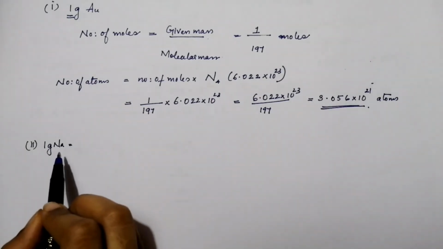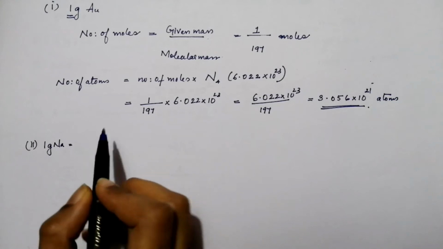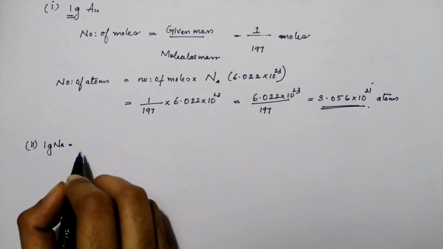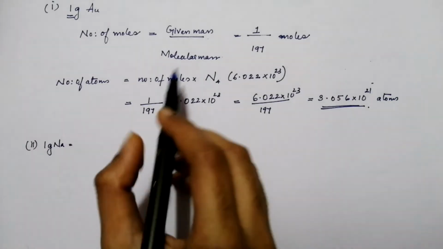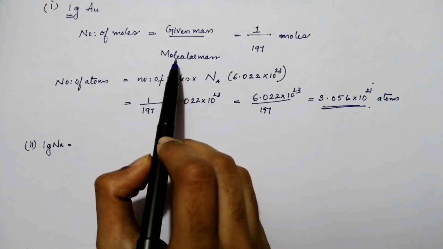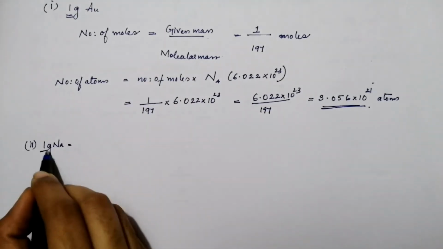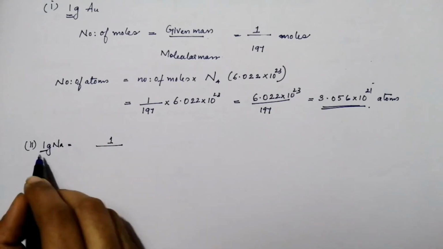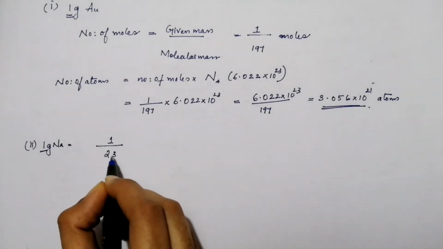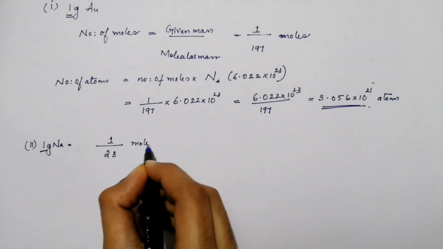Now we have 1 gram of sodium. Similarly, as we have done in the first option, let us first calculate the number of moles. For this, we should divide the given mass by the molecular mass. Here again the given mass is 1, divided by the molecular mass of sodium, which is 23. So these many moles we have.